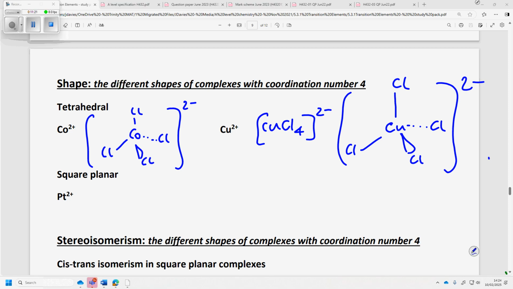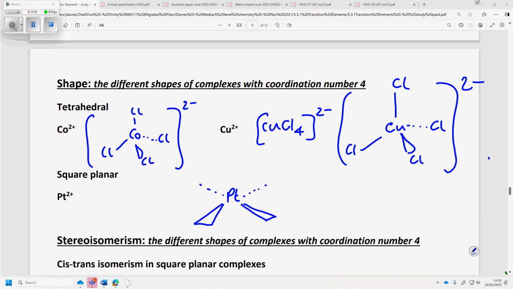Now, interestingly, we have another arrangement possible for complexes with coordination number 4, and that is exemplified by platinum complexes, which are square planar. This time, I put my platinum at the centre of the complex. I could have this square planar arrangement.